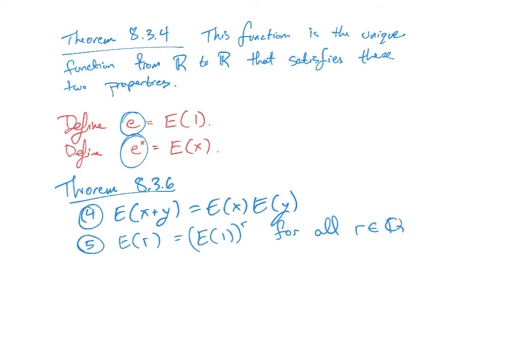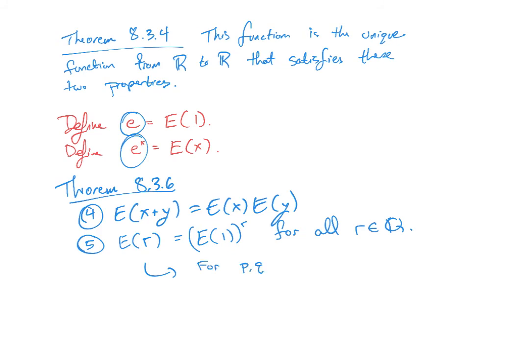For all rational numbers, E of r is E of 1 to the r. Really this is done in two parts.